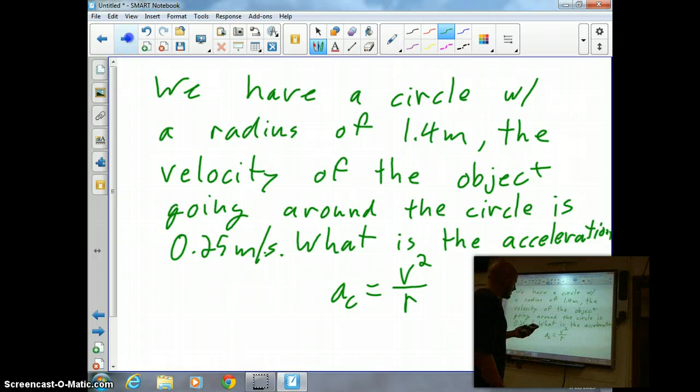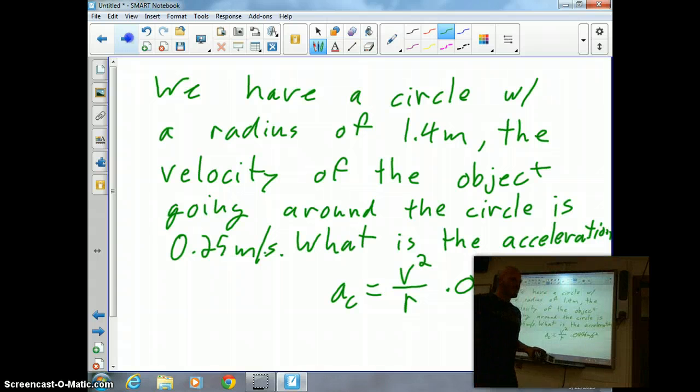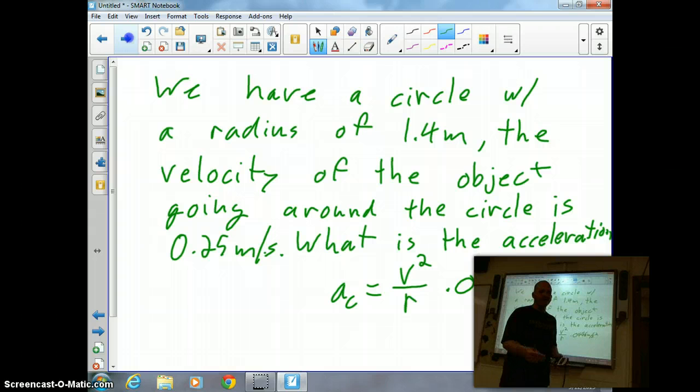That tells me my acceleration is really slow. My acceleration is 0.0446 meters per second squared. That's acceleration so slow you probably are not going to even feel it.